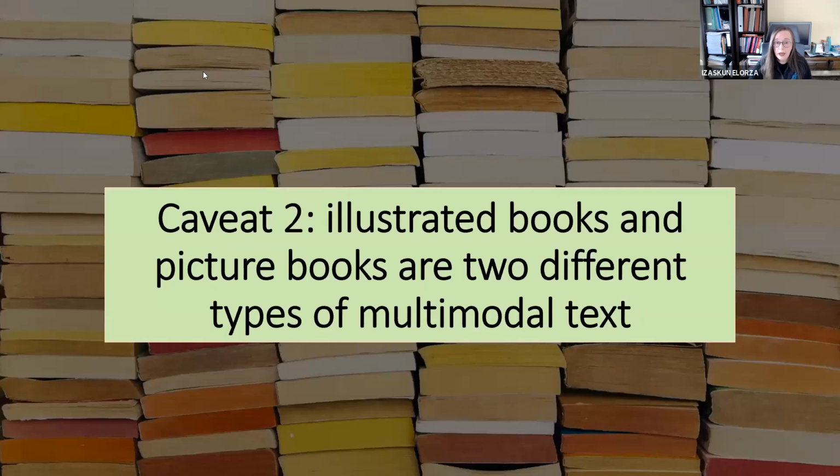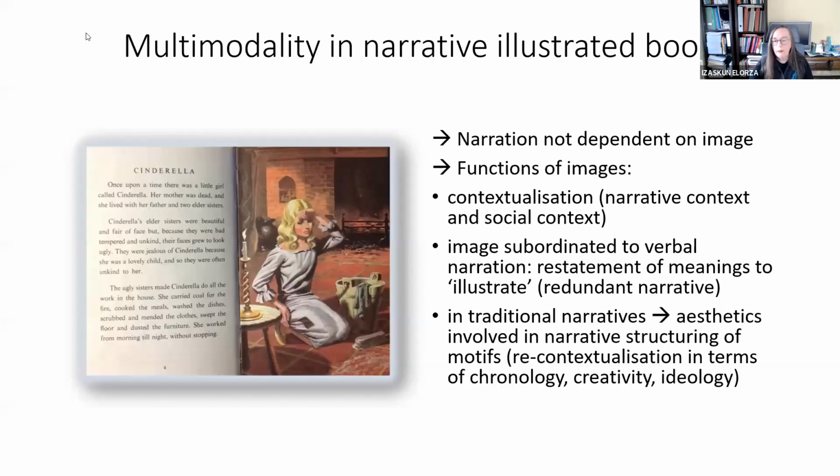My second caveat has to do with a notable and important distinction between illustrated books and picture books, that are two different types of multimodal text. I'm going to highlight very few hints for both of them, because today we are going to concentrate on picture books in particular.